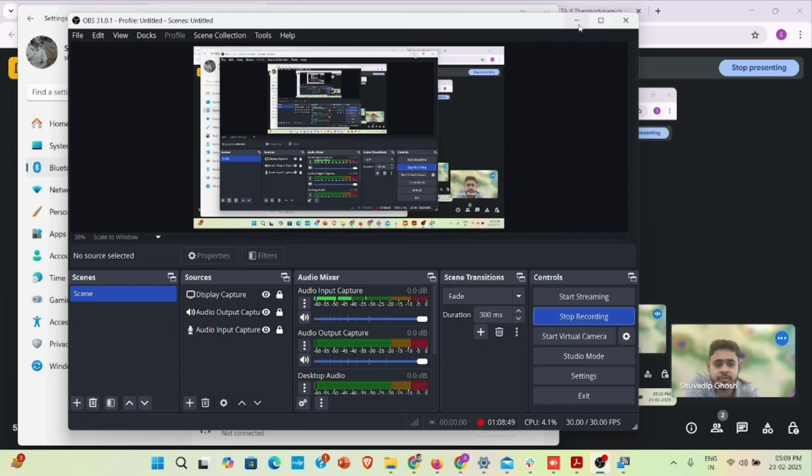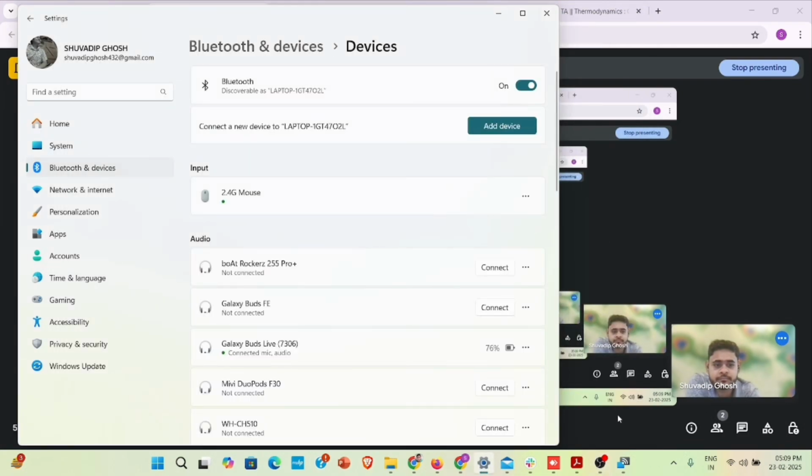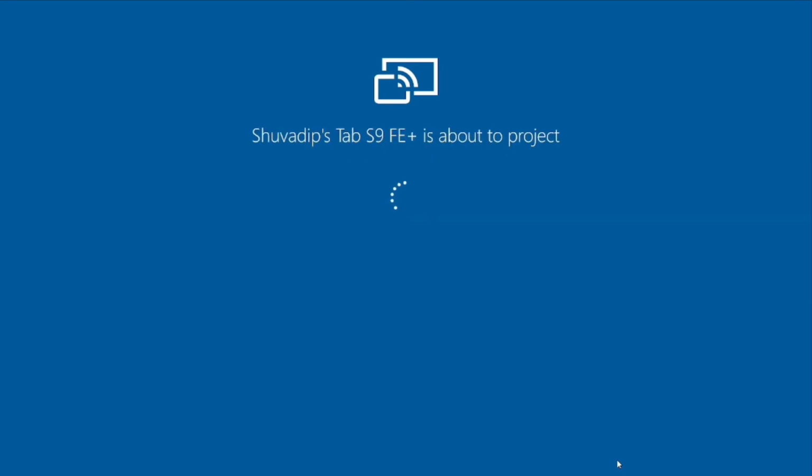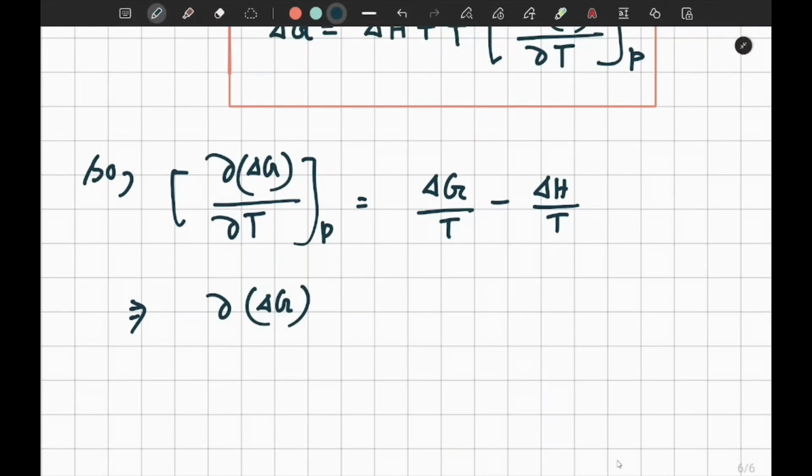Now we have to calculate the changing delta G. Then a G by T squared term will be there, but I don't want that kind of form actually.